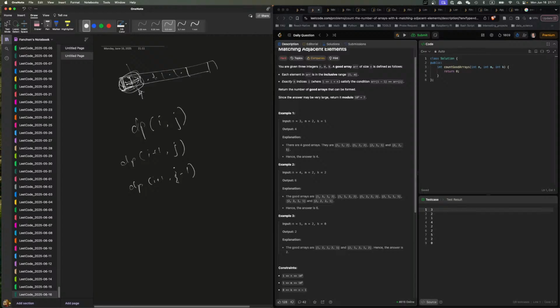And when they match, if you want to match, they have to be the same. Or you say you don't want them to match, then it will be different.